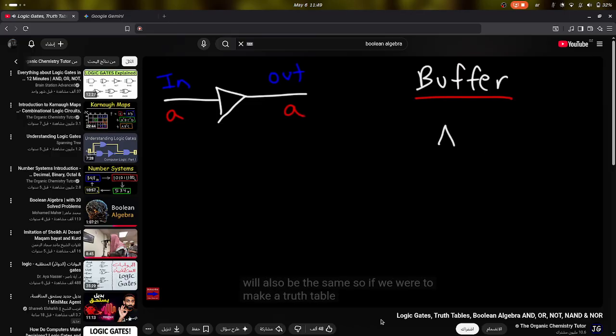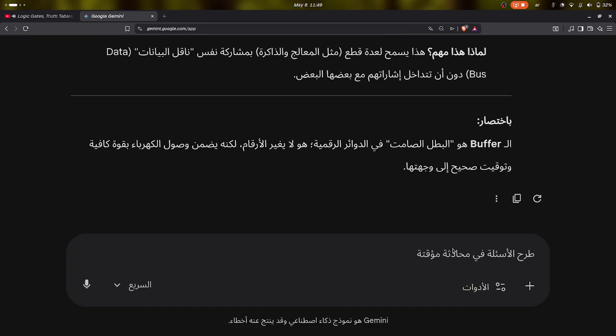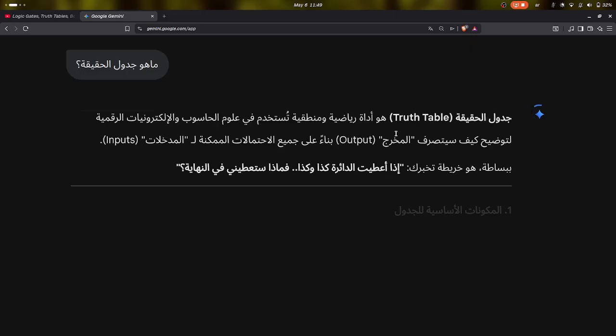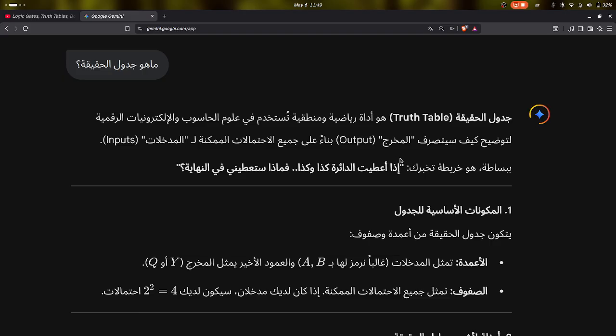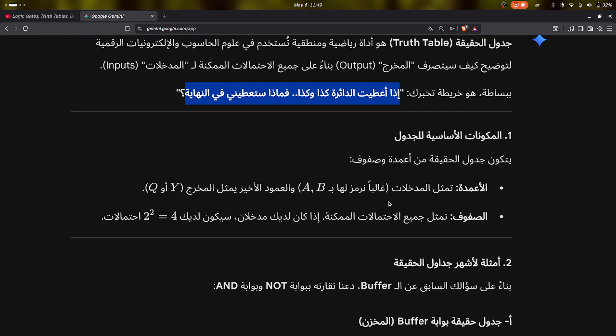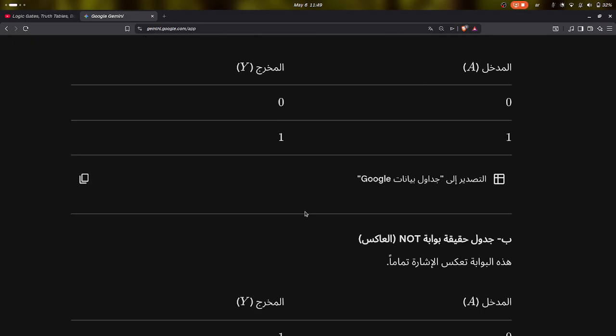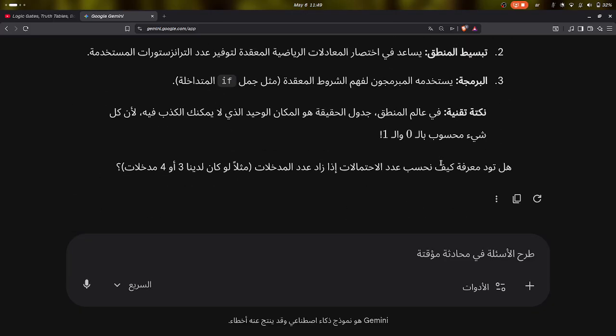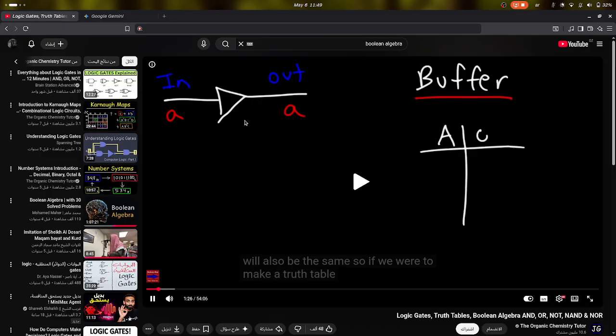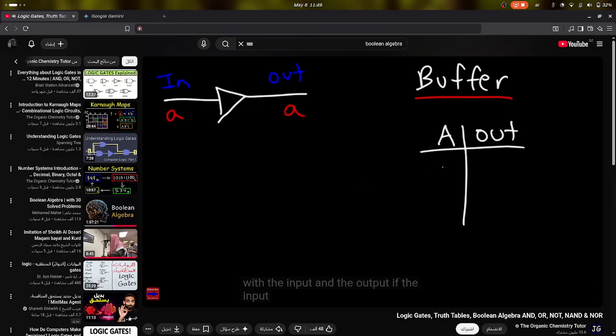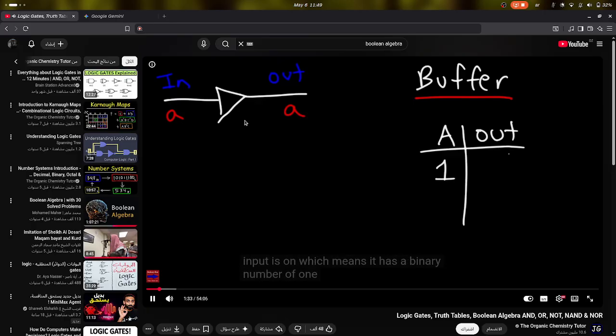So if we were to make a truth table with the input and the output, if the input is on, which means it has a binary number of 1, the output will also be in the on state.